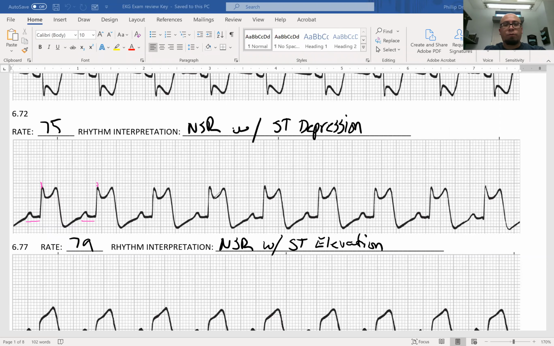Our QRS interval, all we can count for is from here to here. So we call that within range as well. No early beats, no late beats, no dropped beats. Rate of 79 means we have normal sinus rhythm with ST segment elevation. Okay, big ol' ST segment right there.